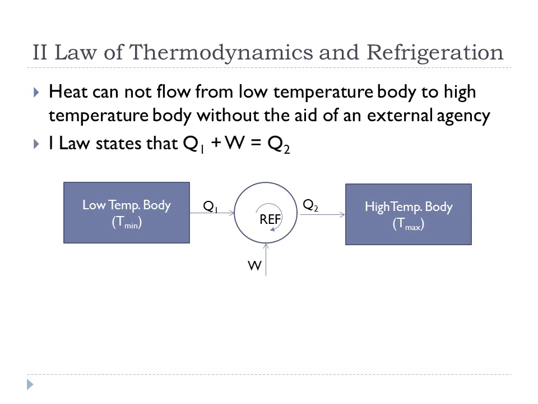So the first law states that the energy Q1 which is entering into this refrigeration system and another energy W which is entering into the refrigeration system would be equal to Q2, which is the energy rejected by this refrigeration system.